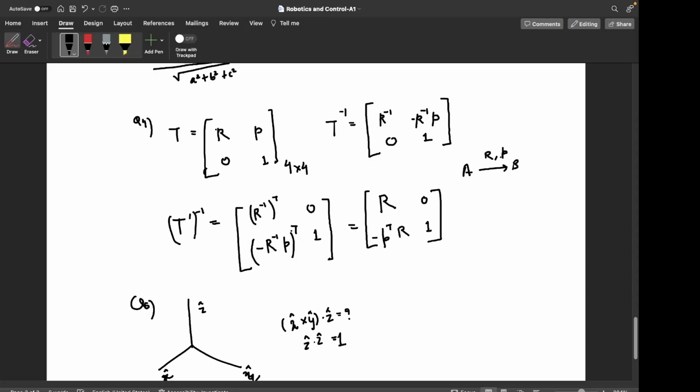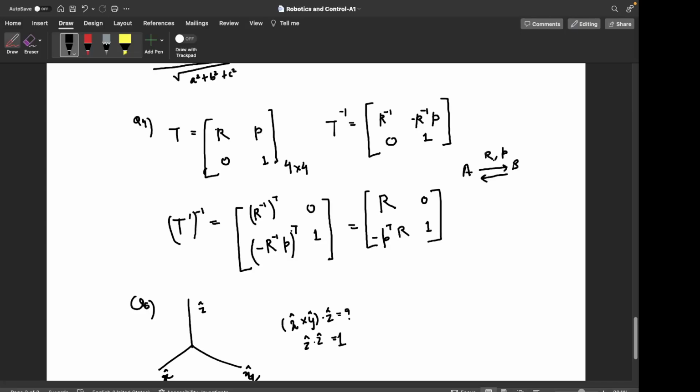This is what homogeneous transformation matrices do: they put those two things together, and in one single computation we can compute the new coordinates. Now let's say this transformation is given by T. If we are coming back from B to A, which is the purpose of T inverse, let's look at these two parts separately.